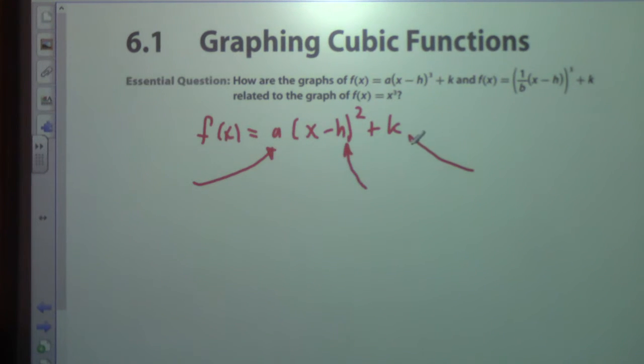What role do a, h and k perform? What do those things do?